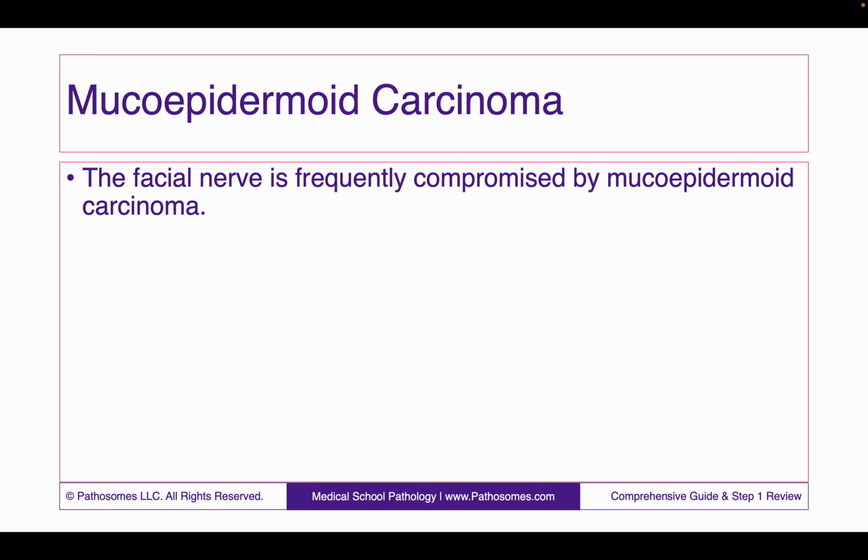Known as Bell's palsy. Do you remember the features for that? Ipsilateral inability to wrinkle the brow, ipsilateral drooping eyelid, right? That asymmetric smile because of the ipsilateral inability to smile, right? You remember that. Bell's palsy.